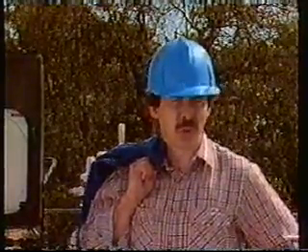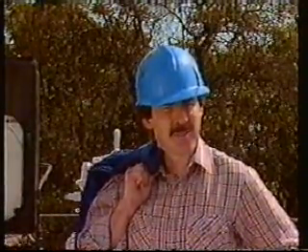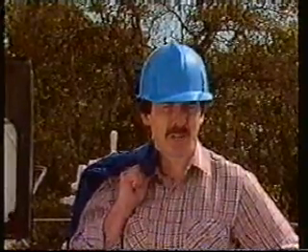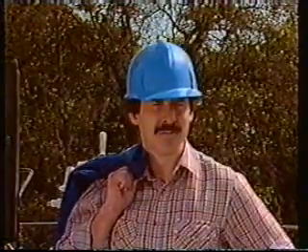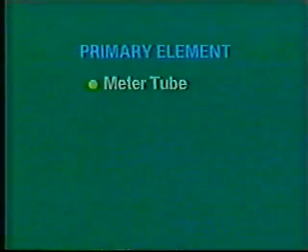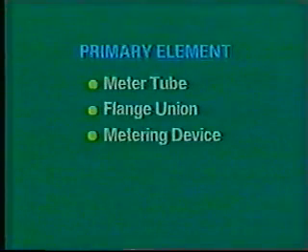To measure and record the flow of NGLs, a meter station is used. Now, regardless of the metering device, the meter station consists of a primary element with associated components and a secondary element. Typically, the primary element includes a meter tube, flange union, and a metering device.